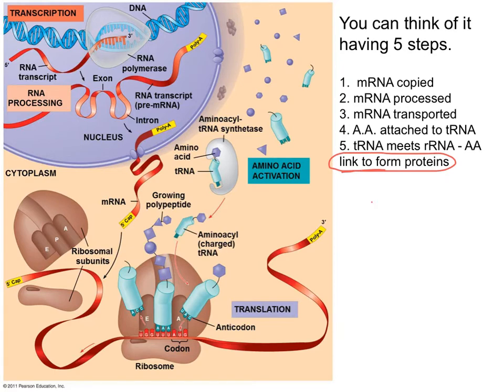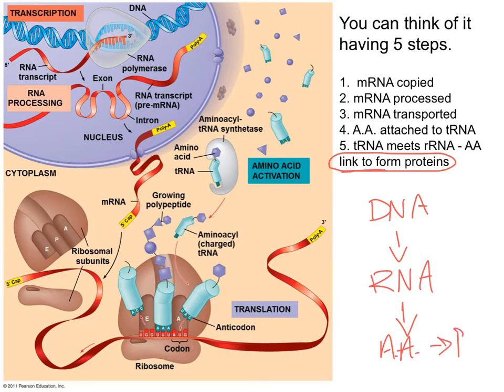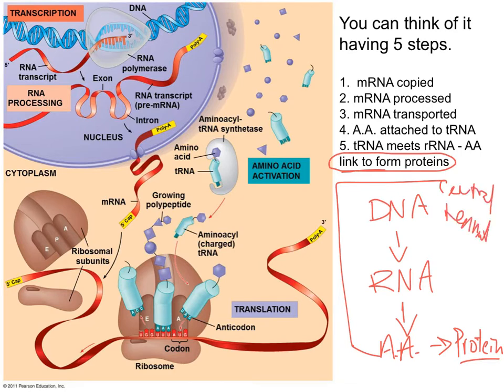The central tenet is you go from DNA to RNA, and then from RNA to amino acids, which then turn into proteins. This is called the central tenet, and it's just the creation of proteins.